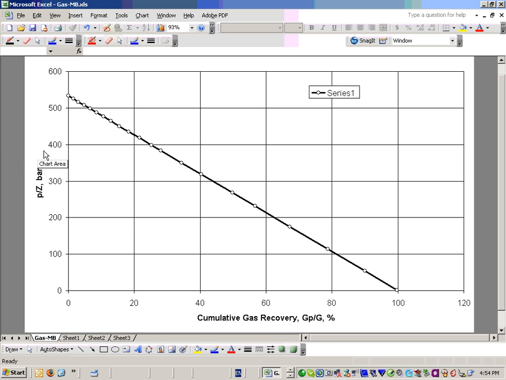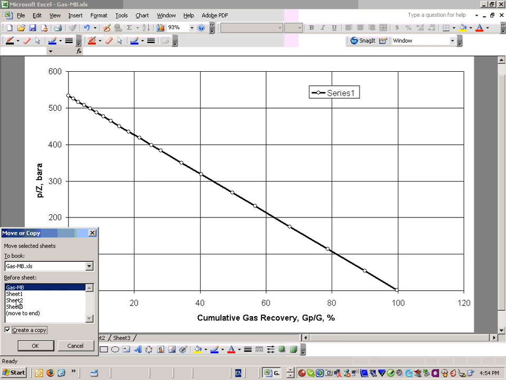Plotting together with this, we'll make maybe a new plot here. We'll copy this and we'll add to the figure a plot of pressure versus cumulative production together with the P over Z. Maybe we'll just substitute and plot only pressure versus cum.